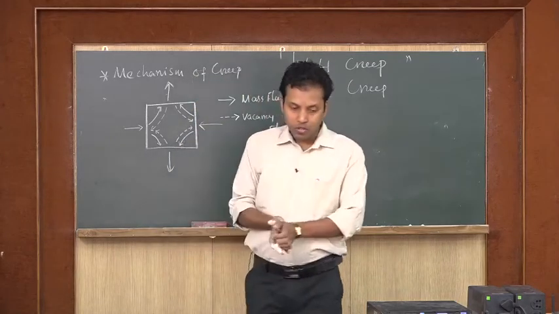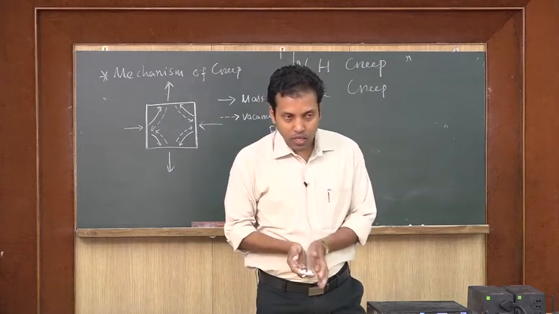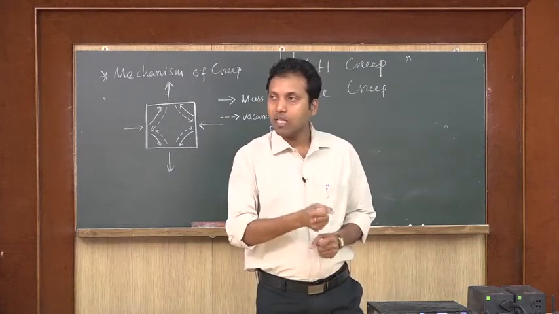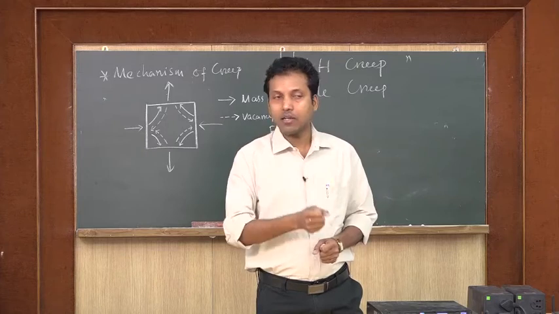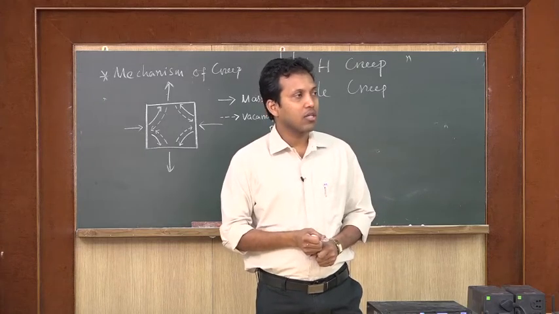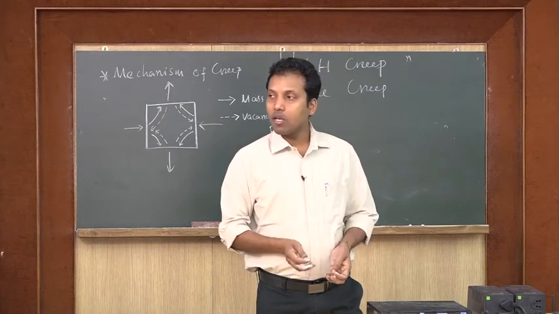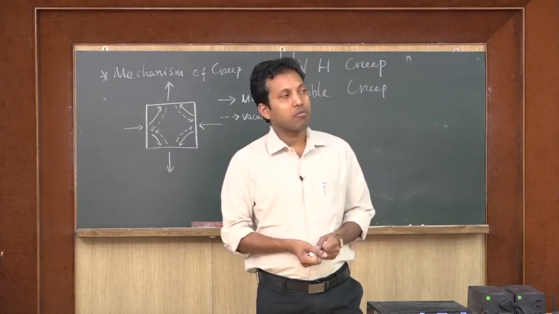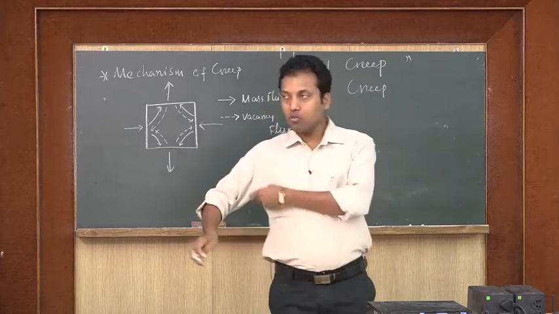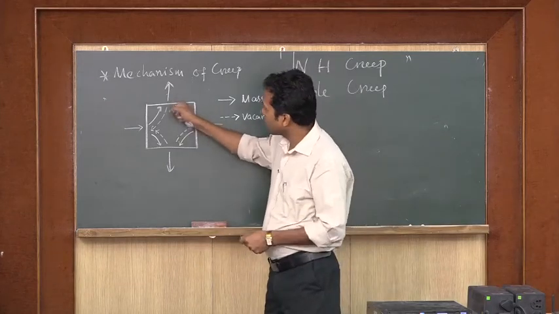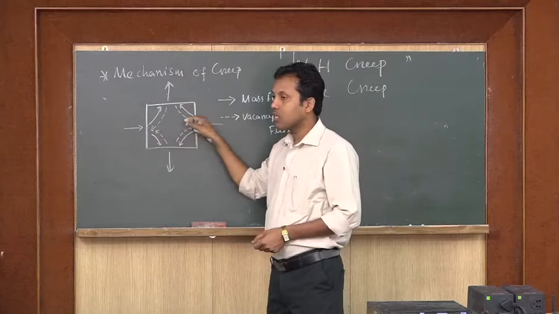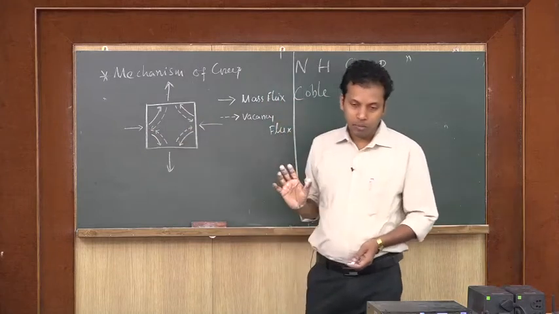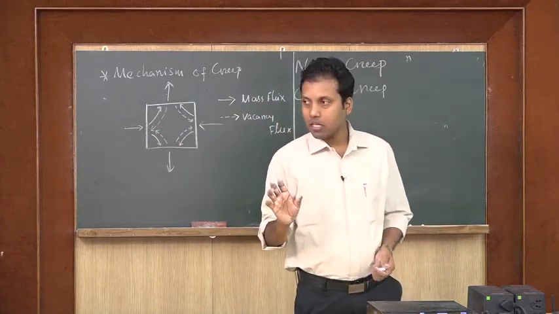As soon as we are loading it, that means a material under tensile loading during the creep deformation, there will be some atomic volume mismatch. Do you follow this? We are loading it in this direction, compressing it, and some high temperature is associated.